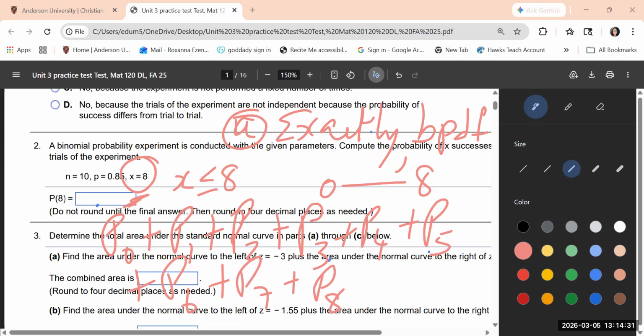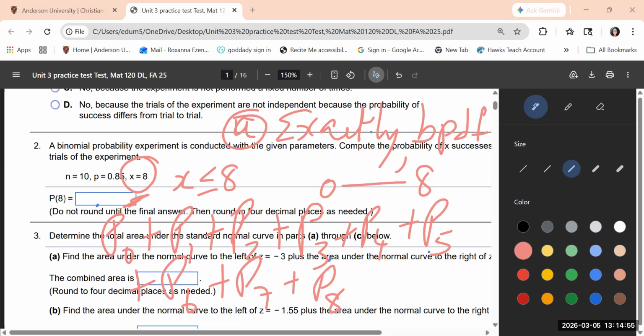And this actually means that I found from P0 to P8. That's what it means. If I add all of them, P0 to P8, that's my answer, the total of all the probabilities. It is easier.